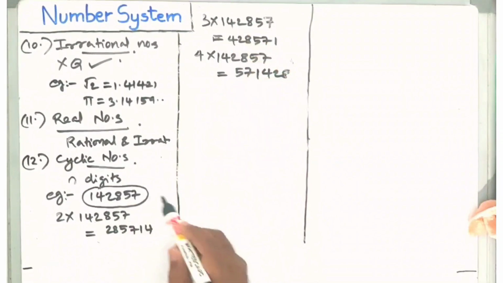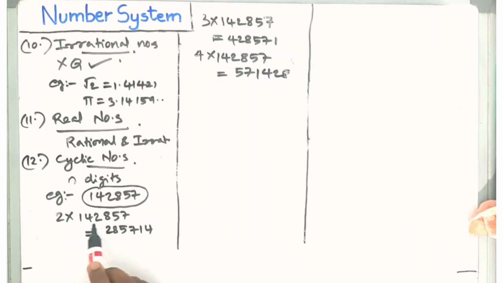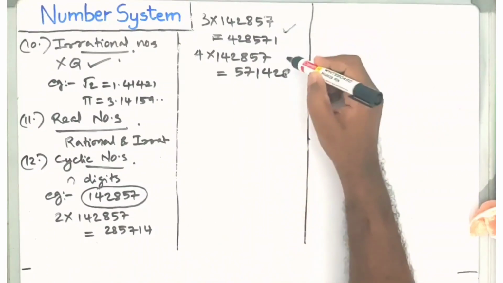Consider these 3 cases. In the first case, 2 is multiplied by the 6-digit number and we get another 6-digit number as answer, but the same 6 digits are repeated here. There is 1, 4, 2, 8, 5 and 7. So all these 6 digits are repeated here, but in a different order in the same line. Here is also the same.